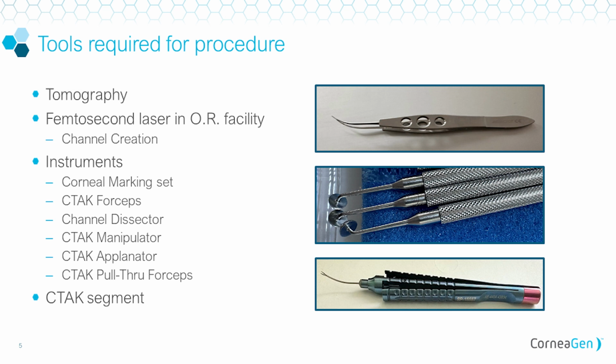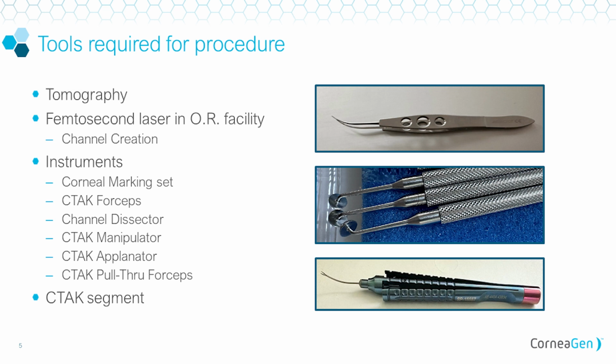You need a femtosecond laser. For channel creation, we've used both the Intralase and the Zemer. Currently in our practice, we're using the Zemer Z8, but most femtosecond lasers will be able to do this. Now, in coordination with Katena, there is an instrumentation set that has been developed.